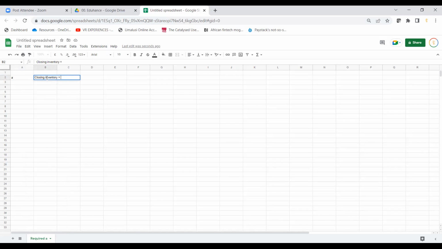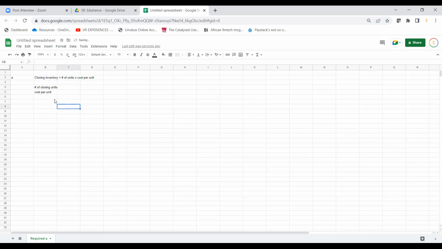So closing inventory equals number of units on hand, closing number of units, times cost per unit. Okay, so that is basically what we want. So I'm just going to put it over here, number of closing units, and then cost per unit.